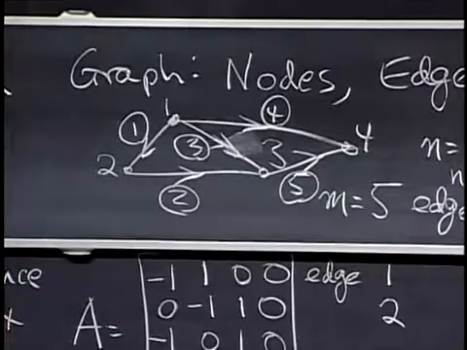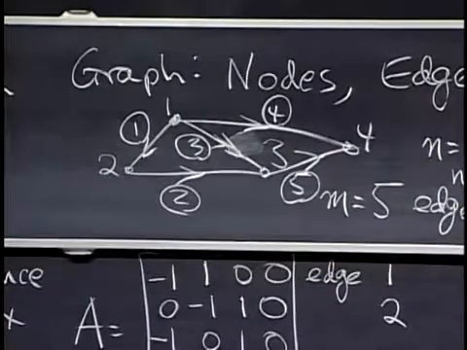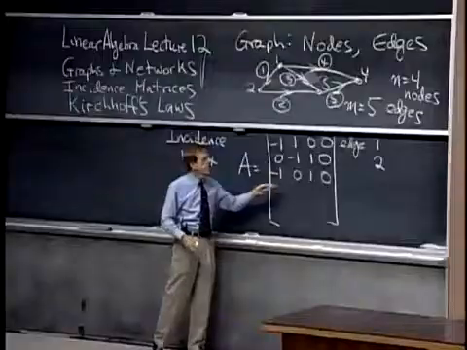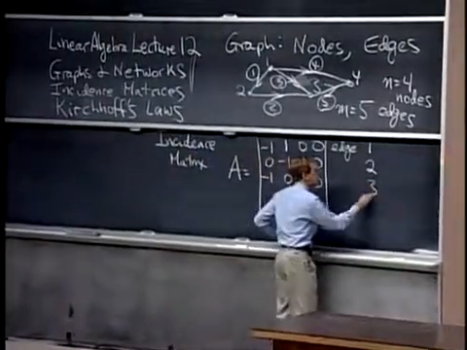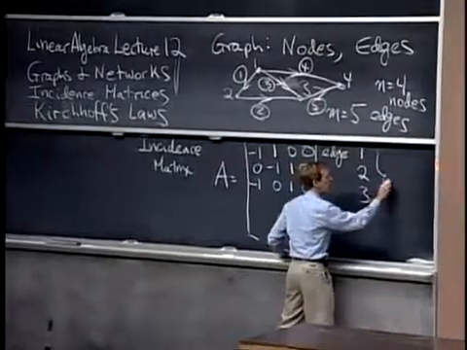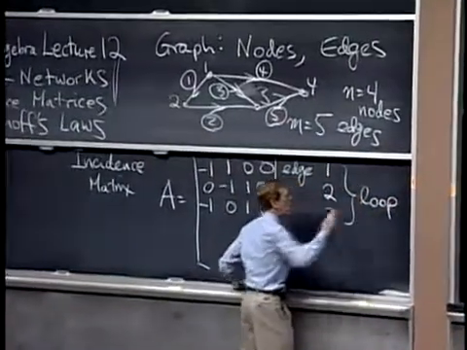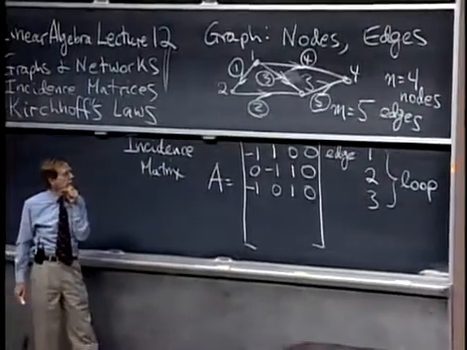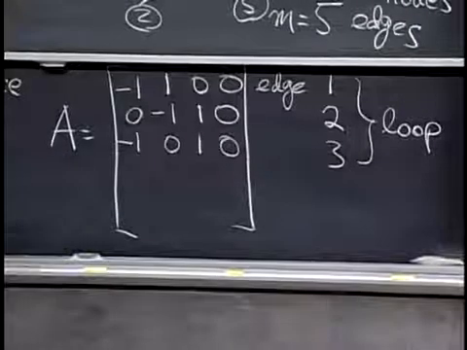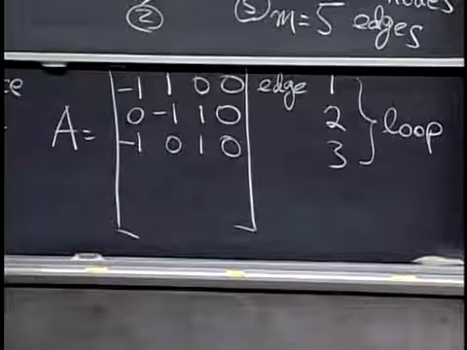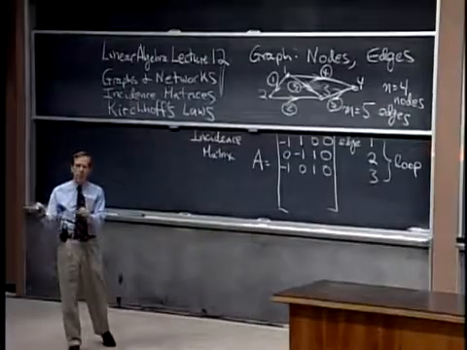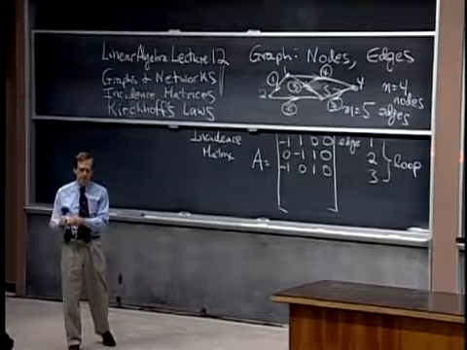Actually, here's an interesting point about loops. If I look at those rows corresponding to edges 1, 2, 3, and these made a loop, it would be natural to ask, if I just looked at that much of the matrix, are those rows independent?